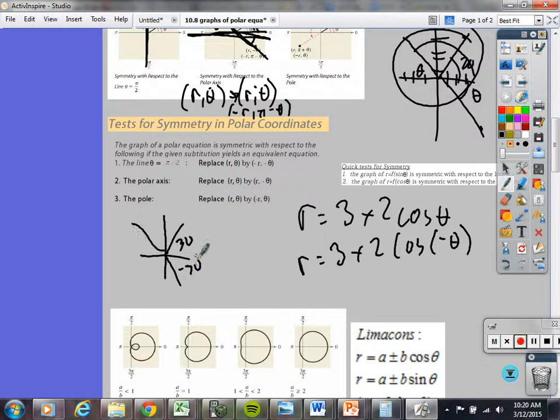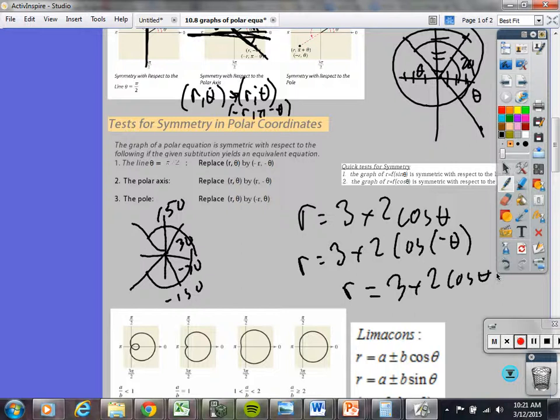The value at 150 is the same as at negative 150 because cosine is positive on this side and negative on this side, so they're the exact same spots, aren't they? So it absorbs that negative. You guys remember that rule? It's a trig identity. So notice r equals 3 plus 2 cosine of theta proves that it is symmetrical about the polar axis.